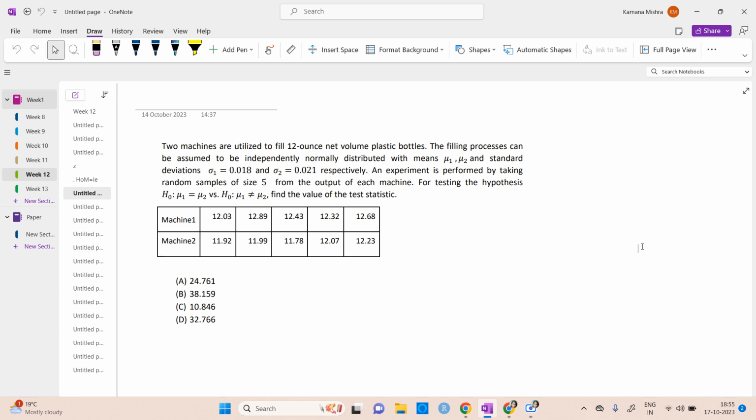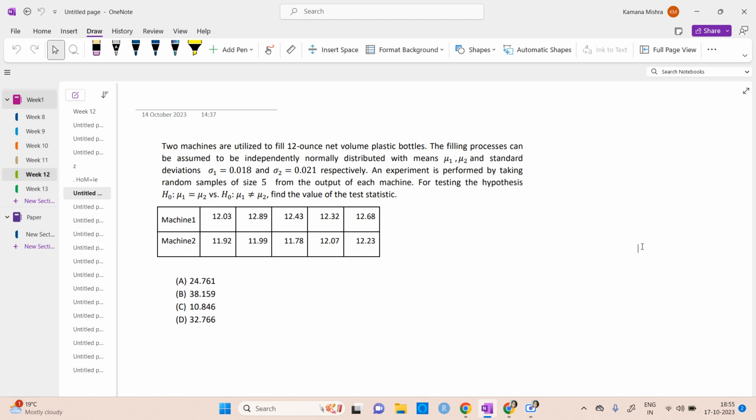So we are performing this experiment by taking a random sample of size 5 from the output of each machine.